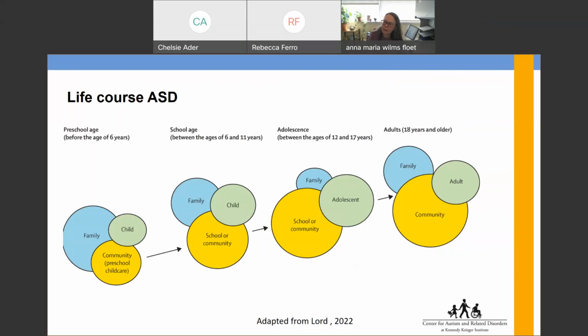But when you look at the blue, which is the family circle, many of us think of as children get older and they become teenagers and they leave the home, the role of family is there, but the role of family oftentimes gets smaller, right? So for kids with autism, the role of family and family support stays very high.